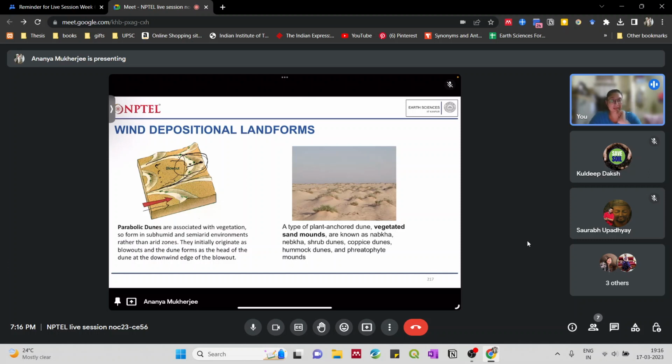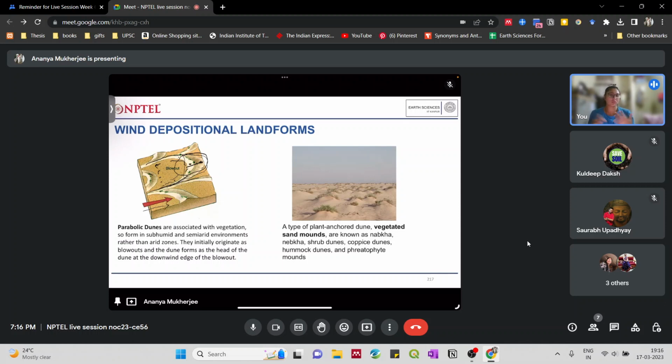Usually these, as I said, are characteristic of areas where the climate is very dry and hot, and there is less vegetation, and the sand supply is much more. Okay, so most of the sand-size or finer particles are transported over larger distances by wind, and then you get such big depositional features.